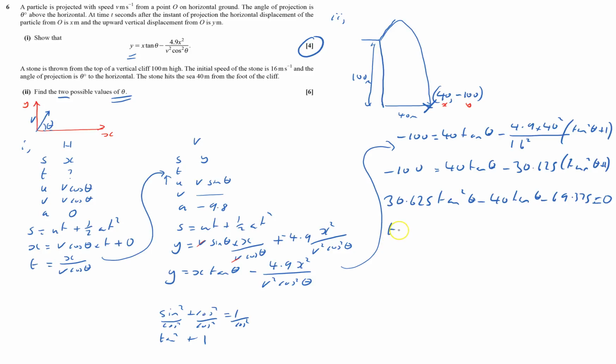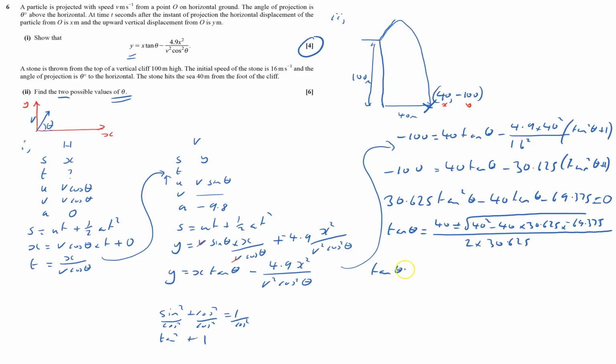Put it into the formula: tan theta equals minus b, so that will be 40, plus or minus the square root of b squared, that's 40 squared, minus 4 times 30.625 times negative 69.375, all over 2a, so it's 2 times 30.625.